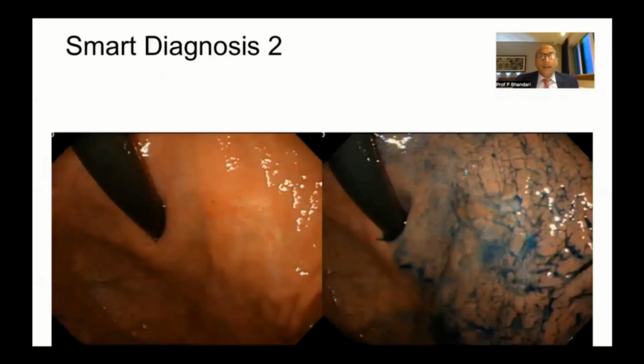On the other hand, look at this. This cancer can be very easily missed. See here the pale patch. And when you put indigo carmine, it shows that it is depressed because indigo carmine is pooling in there. Looking at this, we can say this is a signet ring type of gastric cancer. You see that?